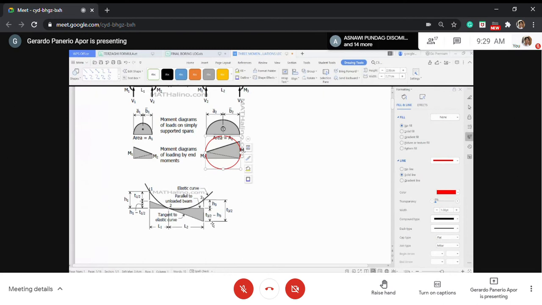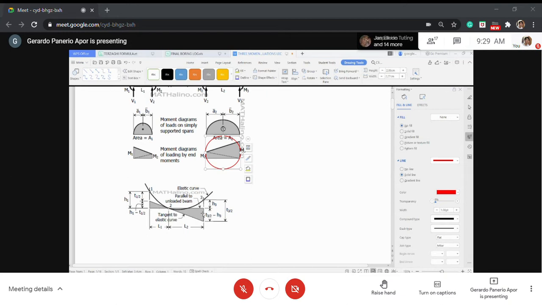So basically the three moment equation is just, how is it obtained? It is obtained from the area moment method. No, why? Because there is a tangential deviation here. So you draw the tangent lines. No, so this is basically the compatibility equation, the compatibility figure, and you can determine the compatibility equations here.